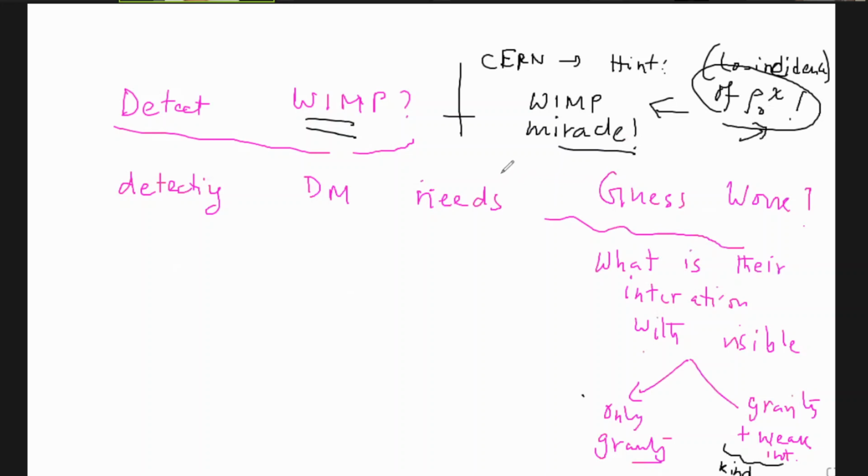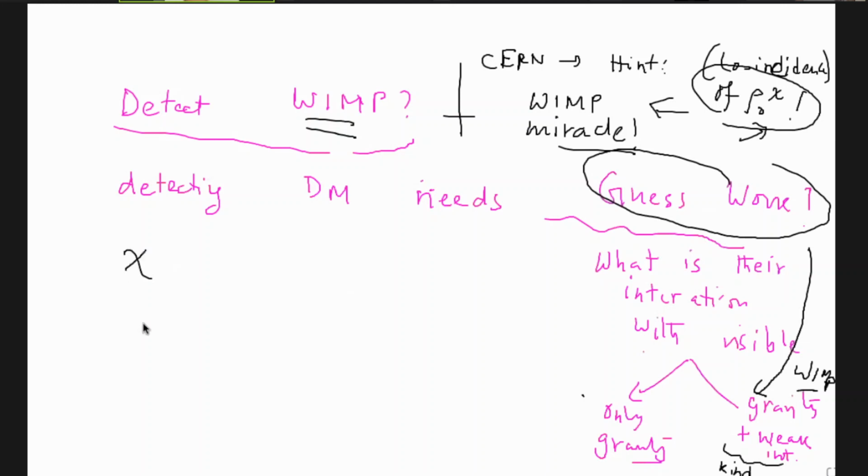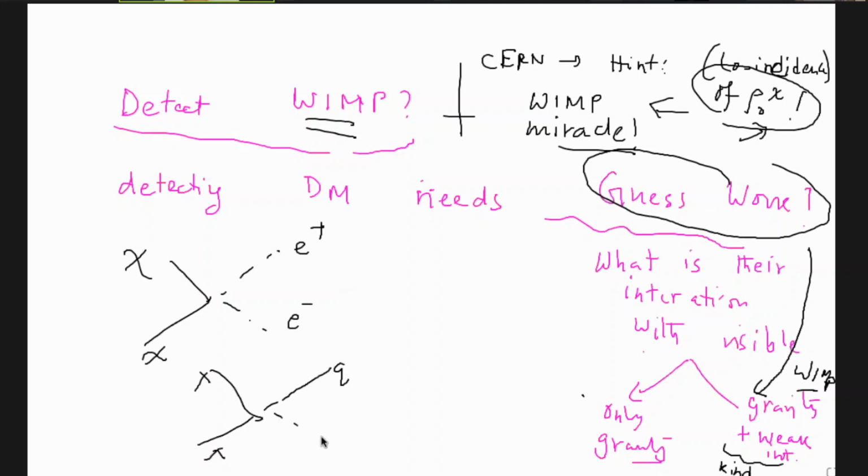Right? So then the whole scientific community from, say, 1990 started looking for this WIMP miracle. The WIMP miracle means what? You assume that the guesswork is this dark matter is WIMP, and it interacts with us. So this is the dark matter, chi. As I told you, it can interact with the standard model particle through weak interaction, like electron, positron, or it can interact with quark and antiquark.